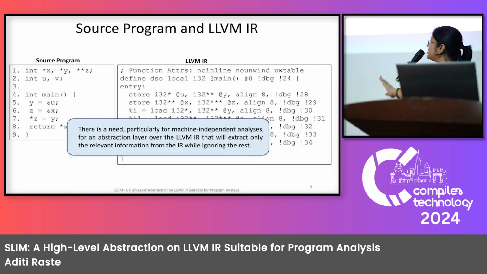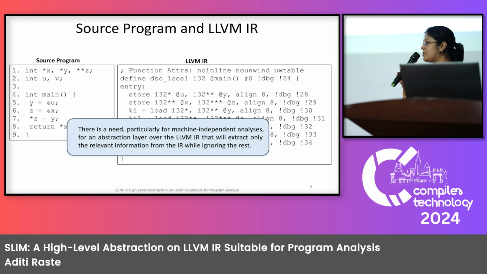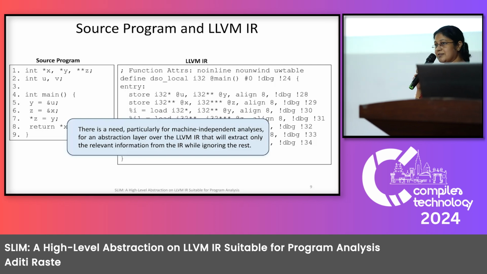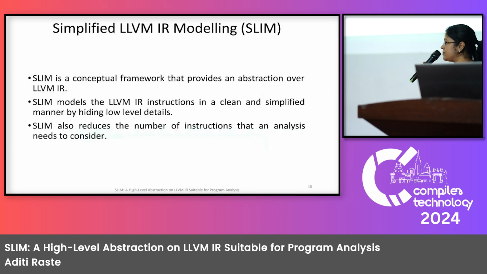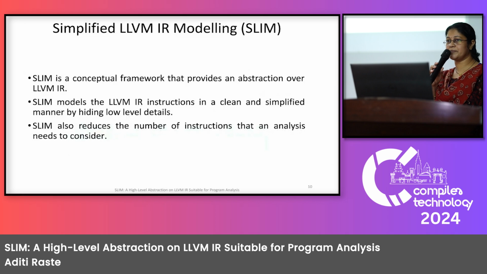So there is a need, particularly for machine-independent analyses, for an abstraction layer over the LLVM IR that will extract only the relevant information from the IR while ignoring the rest. This is where I introduce SLIM, which is a simplified LLVM IR modeling.